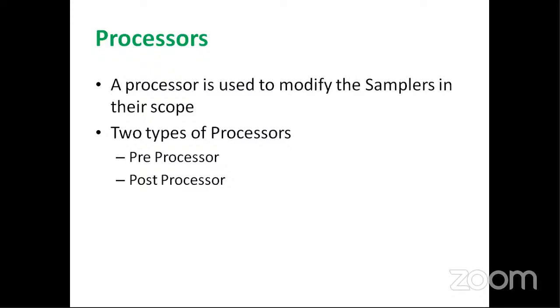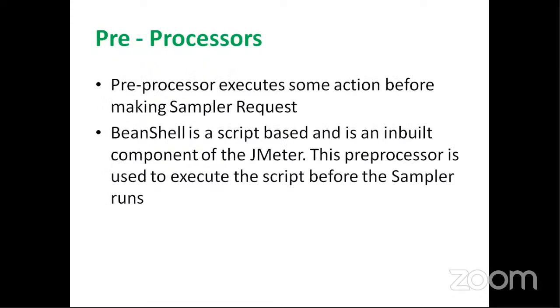And next will be processors. Processor is nothing but it will modify your samplers in the scope. If you want to modify the sampler before the request or after the request, that will be done using the pre-processor or post-processor. Pre-processor is nothing but you want to make changes to the sampler before running it. There is one thing called BeanShell scripting. So you can use BeanShell scripting with this pre-processor to work on that.